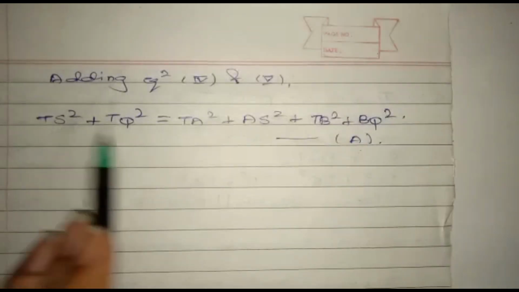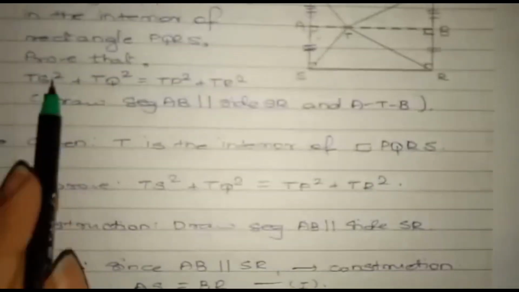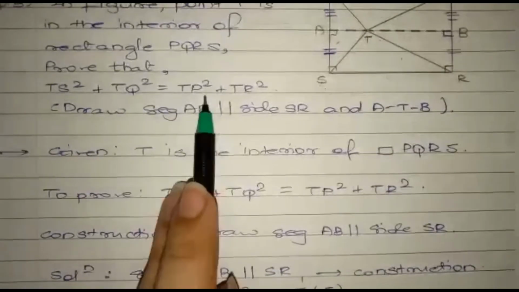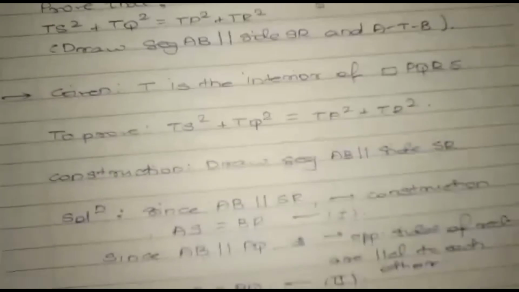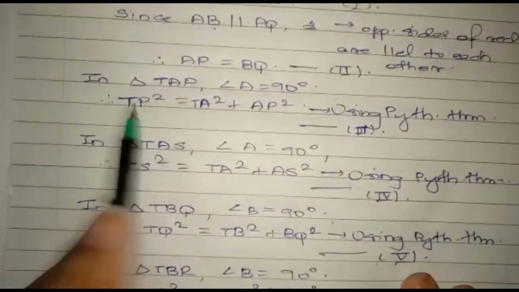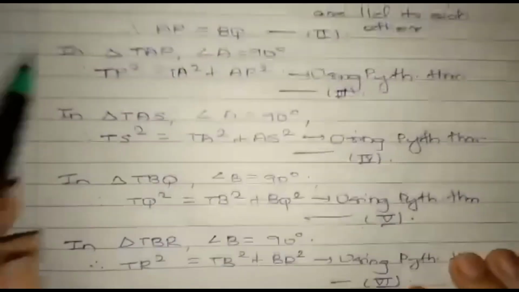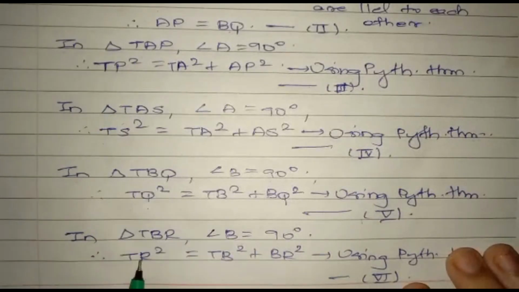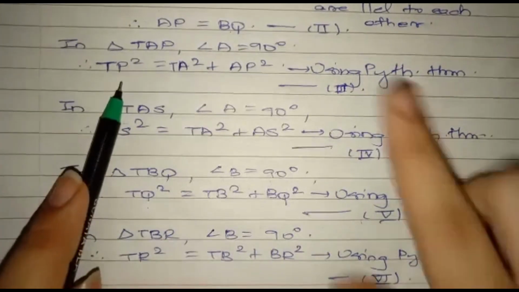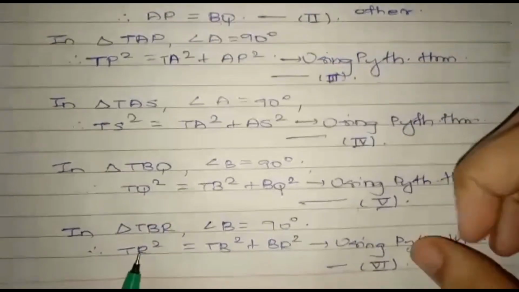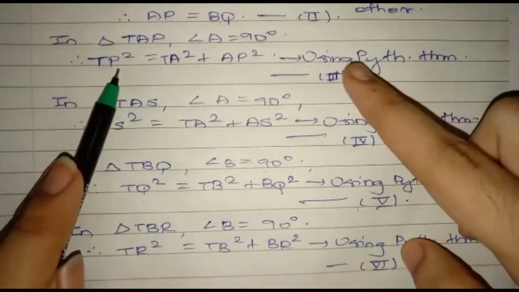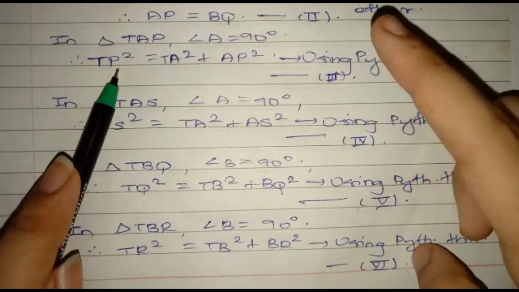Now we got TS square plus TQ square. Now we want TP square plus TR square. So adding equation 3 and 6, TP is equation 3 and TR is equation 6.